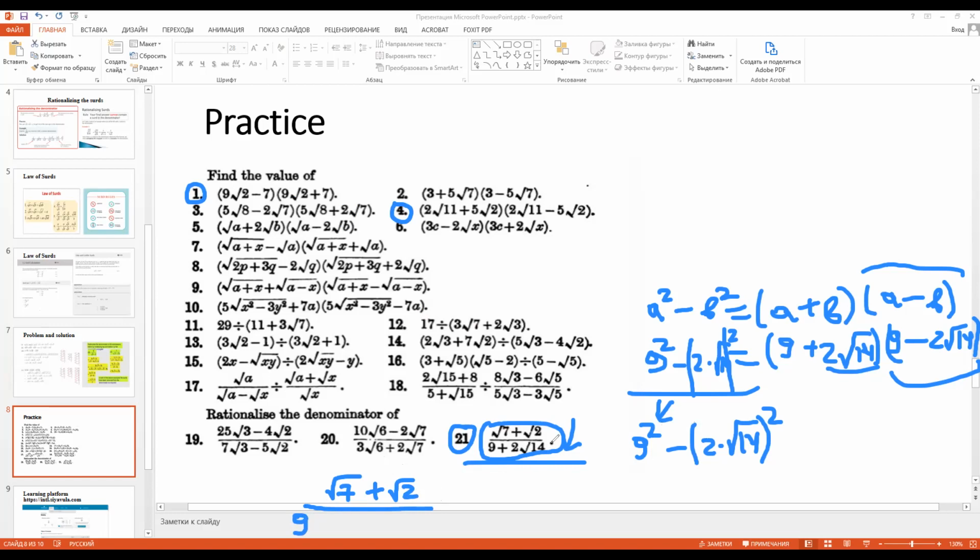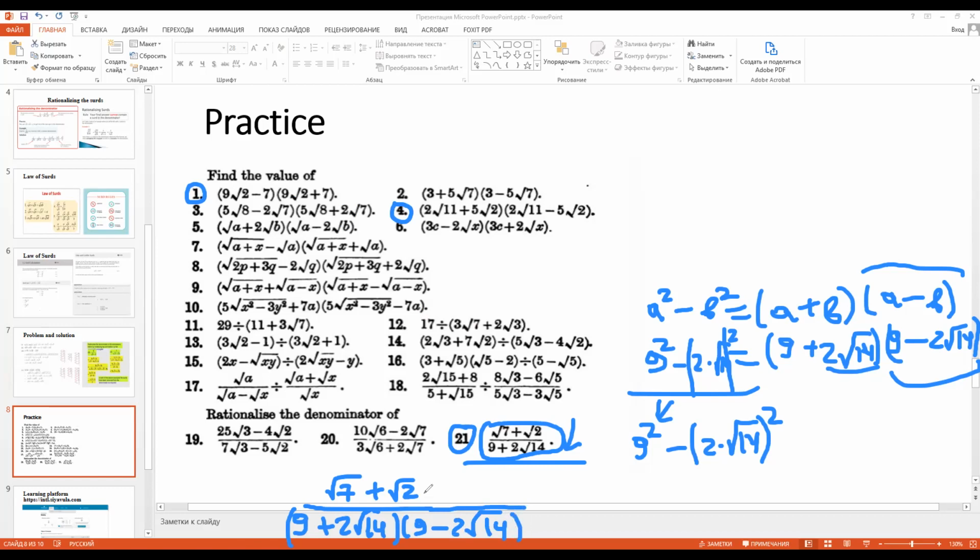So 9 plus 2 root 14, 9 minus 2 on the square roots. You have 4.